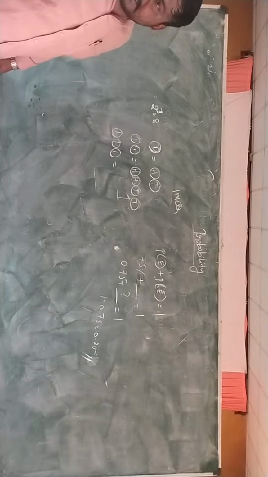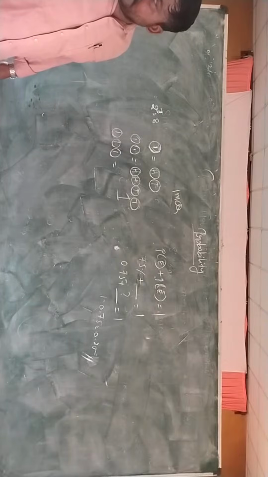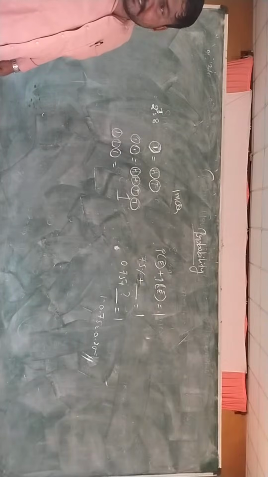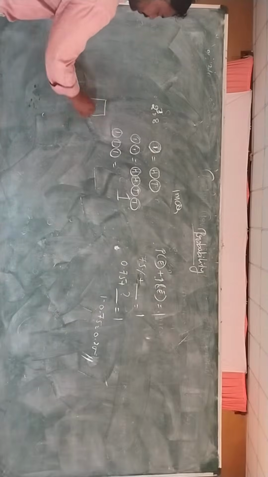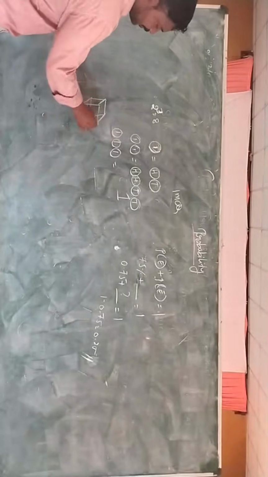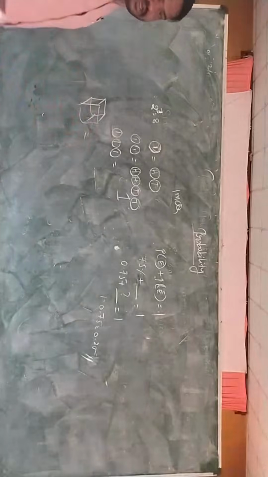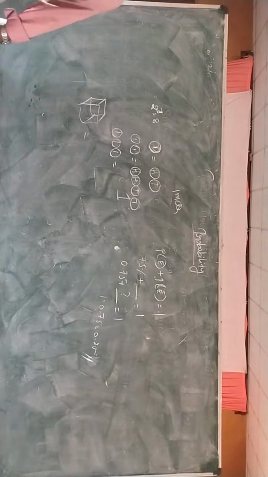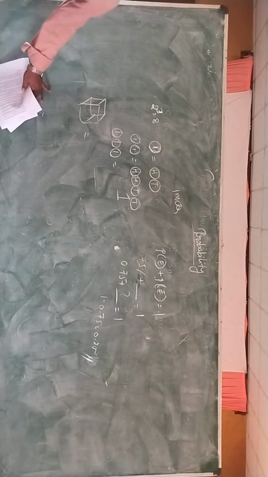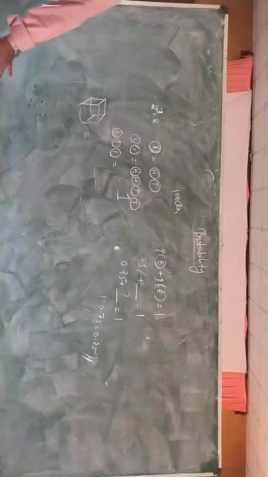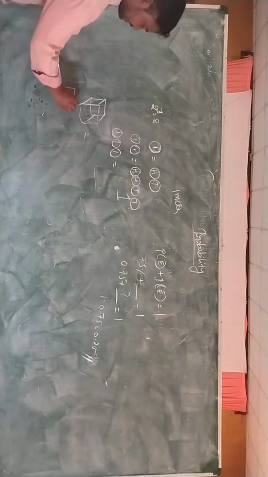Die, D-I-E, die. D-I-C-E, dice. If you throw one die, how many possibilities you will get? 6 possibilities, because a die has 6 faces. And 2 dice you can take.